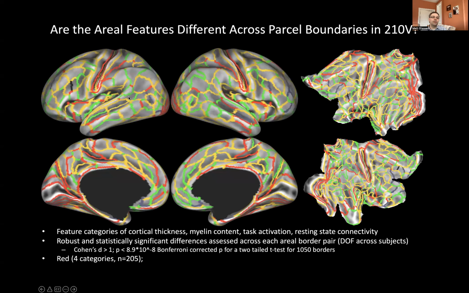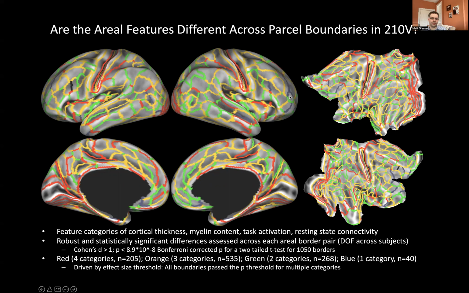So the red borders are those where all 4 categories pass these thresholds, and that's about a quarter. About half, or orange, had 3 categories. Another quarter had 2 categories, and really only a minority had only 1 or no categories.